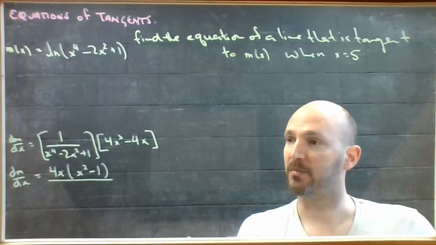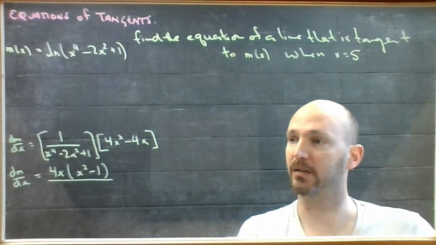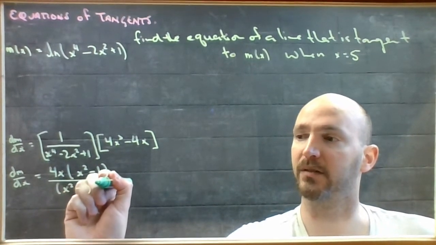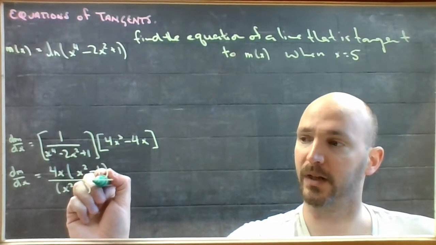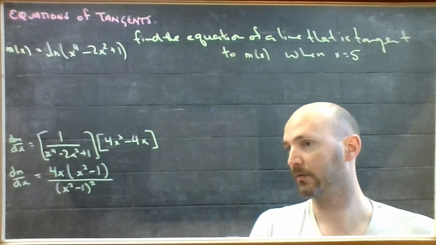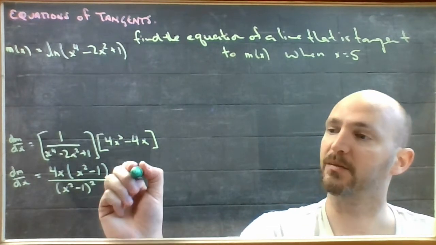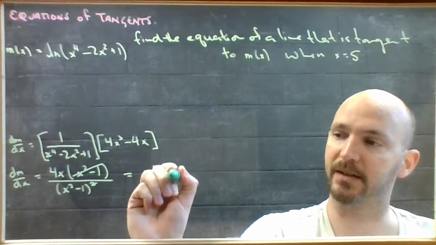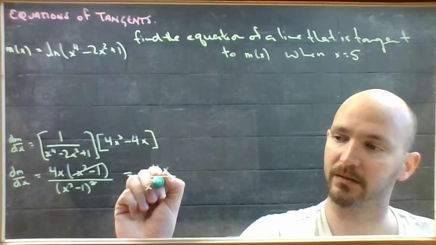And that thing in the bottom, that will factor as x squared minus 1, squared. Lovely. Which simplifies, one of these divides out one of those and leaves me with 4x over x squared minus 1.